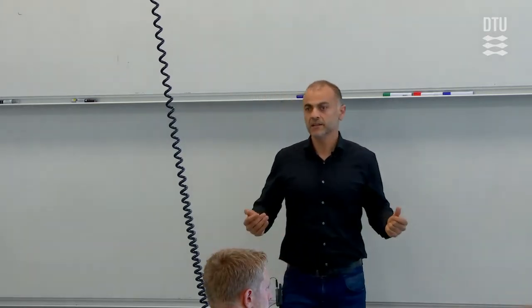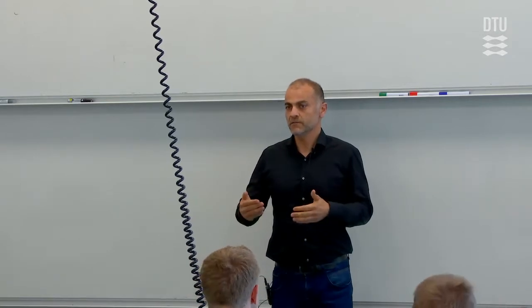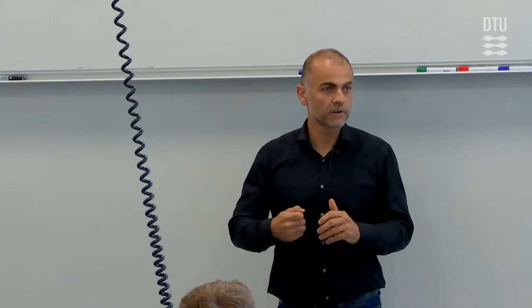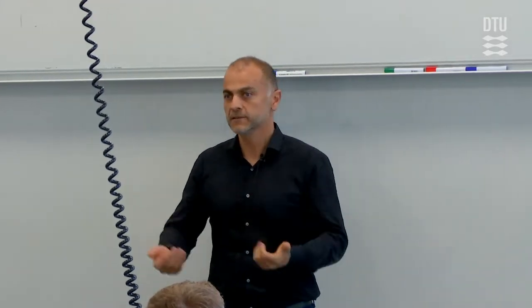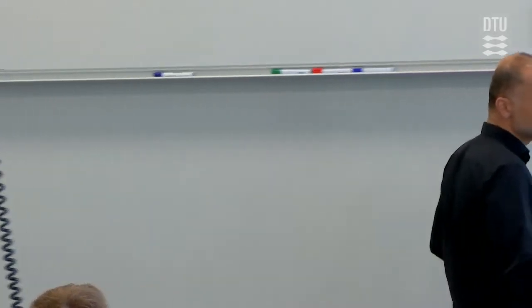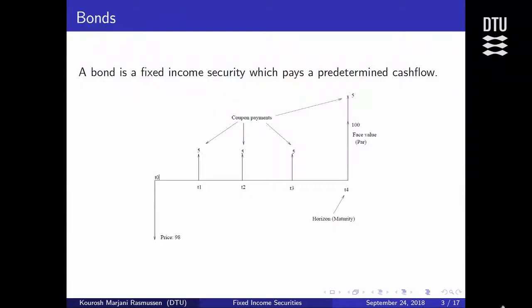So this is essentially a very detailed and precise way of aligning the terms for that contract, which is lending money from one person to the other person. So let's get into that and have a look at a specific example of how such a contract can look like.